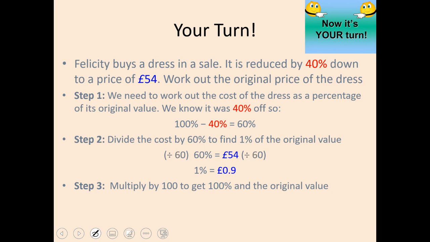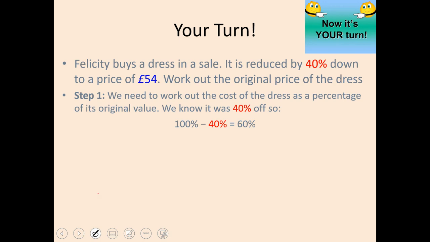Okay, another way of doing this to make things easier is using my pen again. Well, we know 60% is equal to £54. I need to work out what 100% is. To make things easier for myself, instead of working out 1%, I can work out 10%, because 60 and 100 both share a factor of 10.